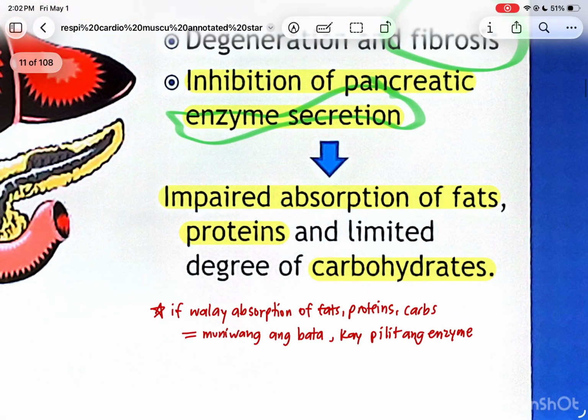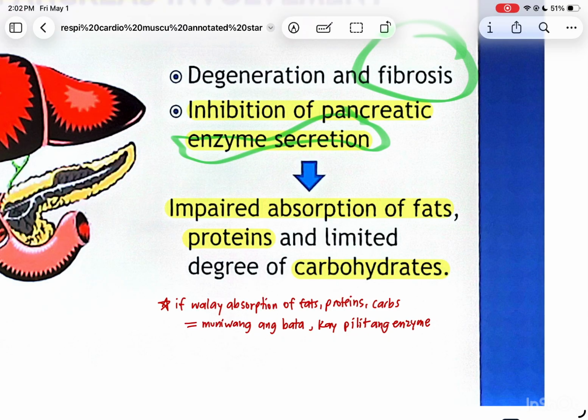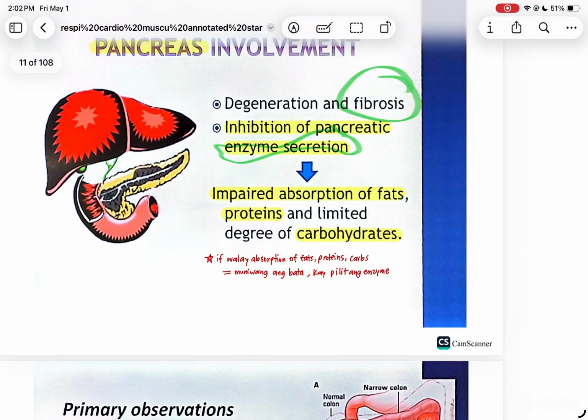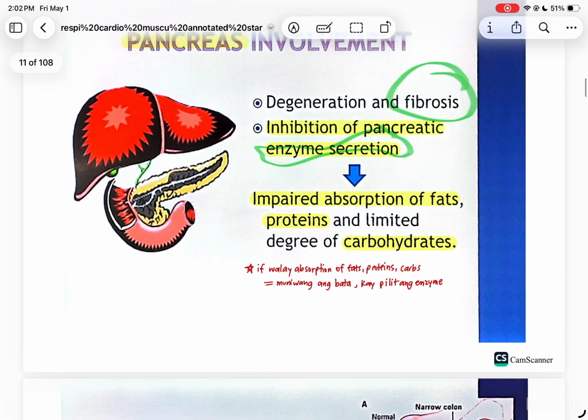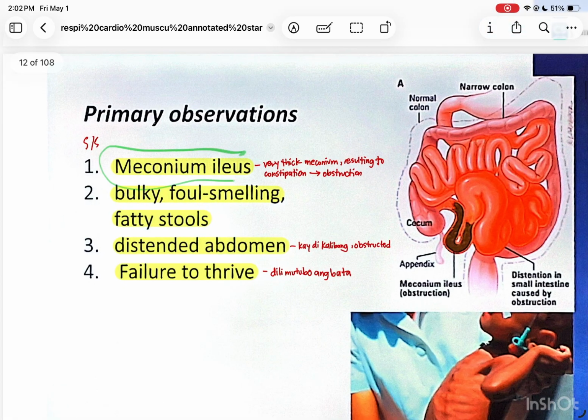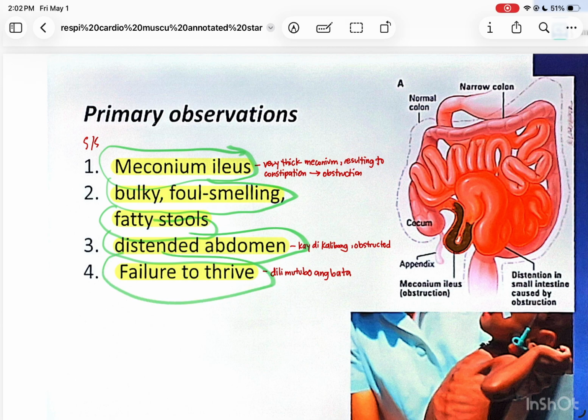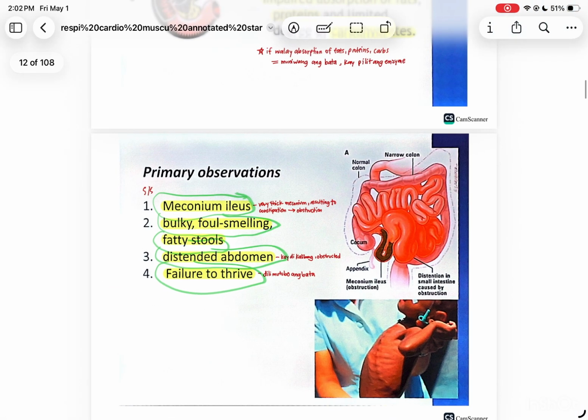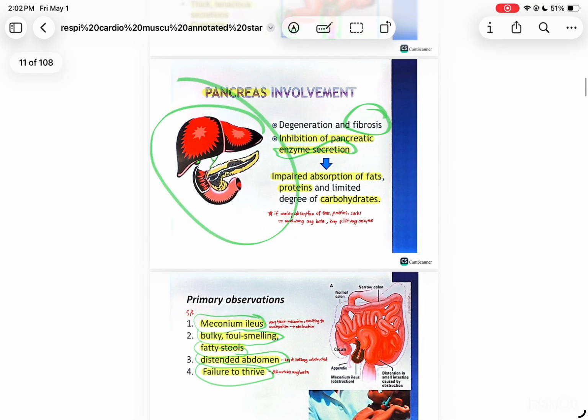Pancreas involvement: degeneration and fibrosis. What does fibrosis mean? Inhibition of pancreatic enzyme secretion. The enzymes are inhibited, so there is impaired absorption of fats, proteins, and a limited degree of carbohydrates. If there is no absorption of fats, proteins, and carbs, the child becomes thin because the enzymes are blocked.